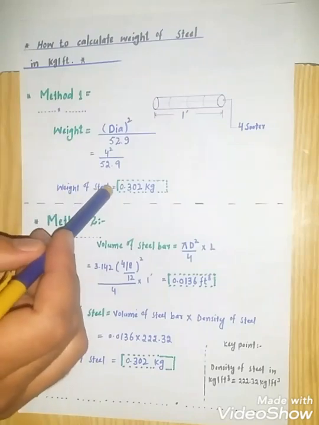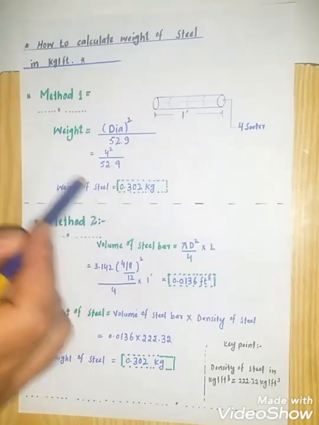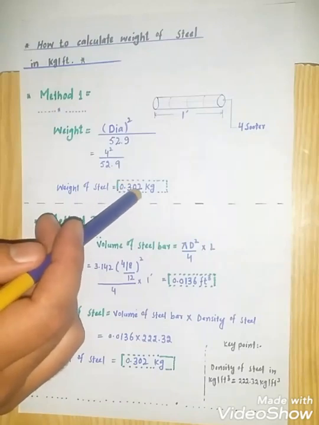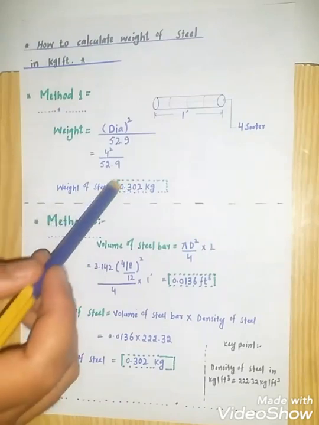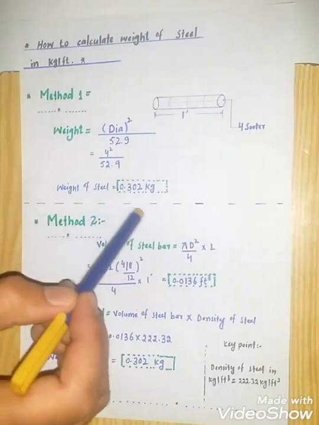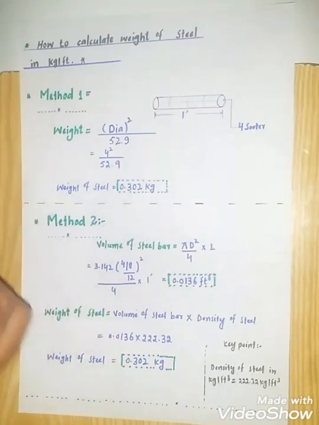The weight of steel is equal to 0.302 kg. This is the weight of steel bar in kg.